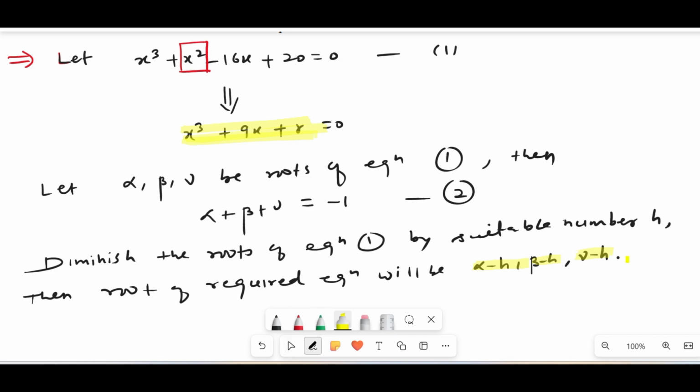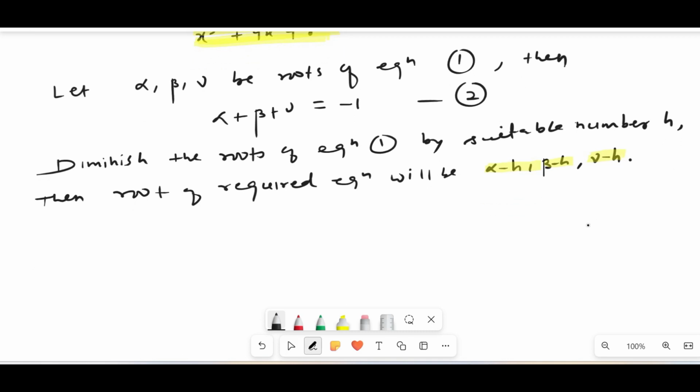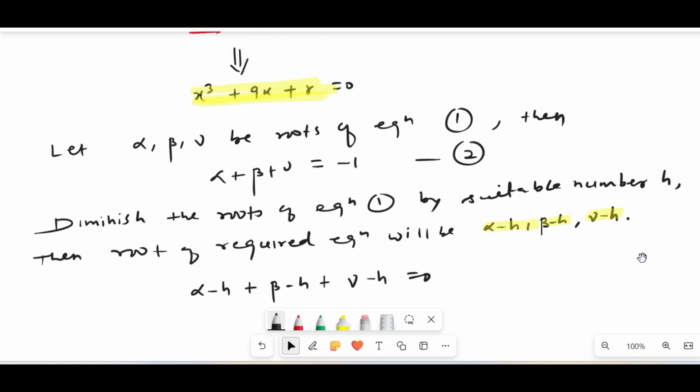You can see that the sum of roots of the required equation, that is alpha negative h plus beta negative h plus gamma negative h, has to be 0, because the second term is 0. So we can write 0 times x square as the second term. So further we can solve.